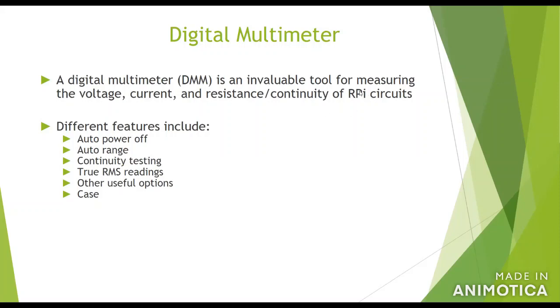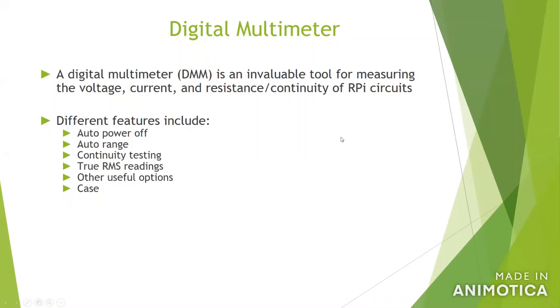It's not only used for RPI circuits; it's designed for any kind of circuit with electronics. It can be used to measure voltage, current, resistance, capacitance, inductance, all those basic electronics parameters.